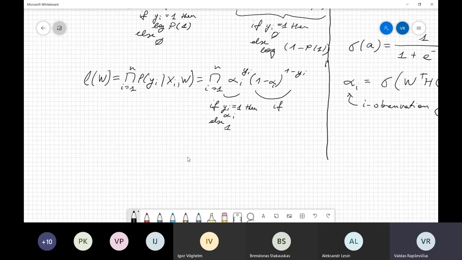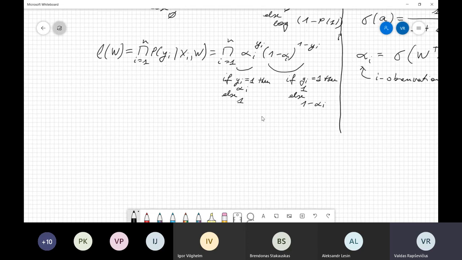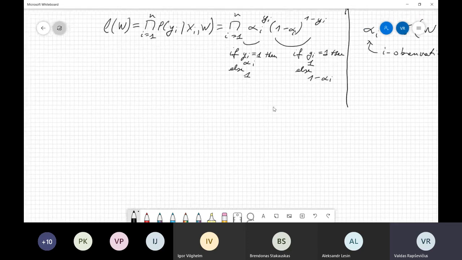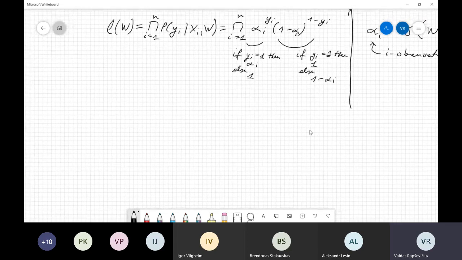In contrary, if yi equals 1, then 1 minus 1 is 0, so it becomes 1, else 1 minus alpha i. So we have just expressed it in a slightly different way, so you can recognize it.